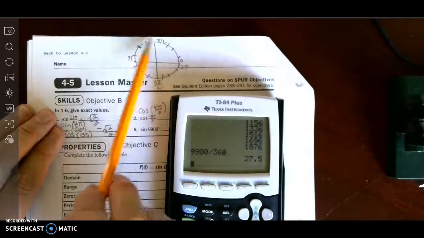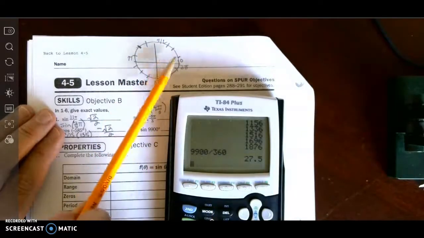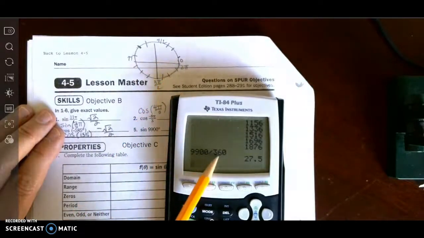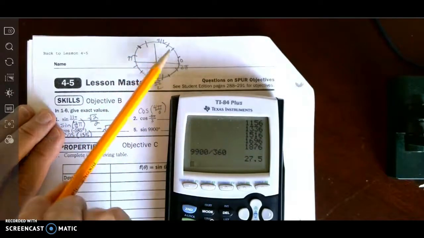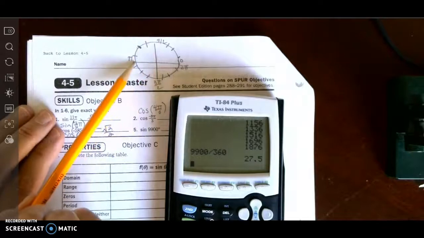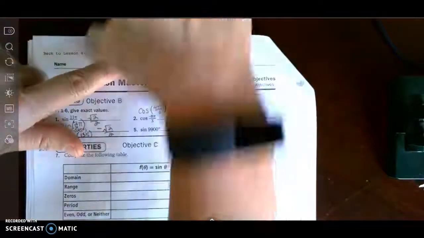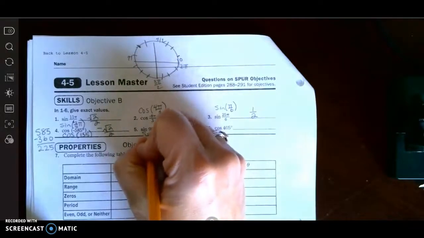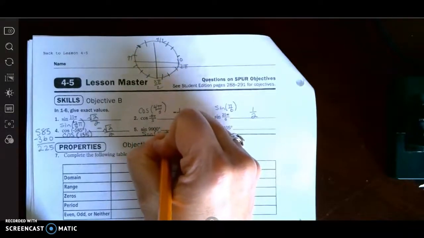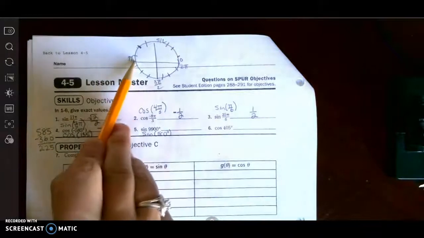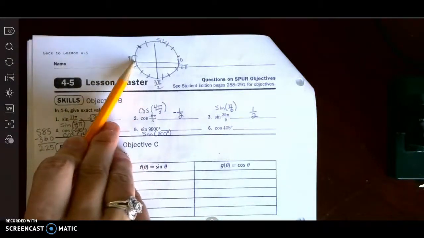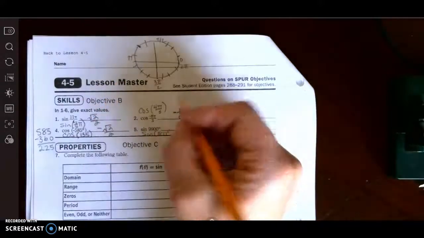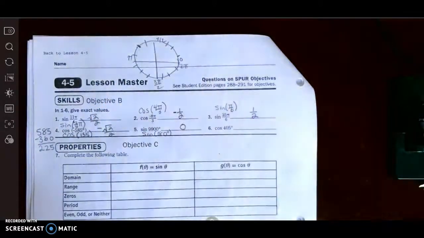So that's 27 full revolutions, and then another half of a revolution, halfway around the circle, that's 180. So I'm finding the sine of 180 degrees. 180 degrees is right here. That ordered pair is negative 1, 0. Sine is the y-coordinate, so it's 0.